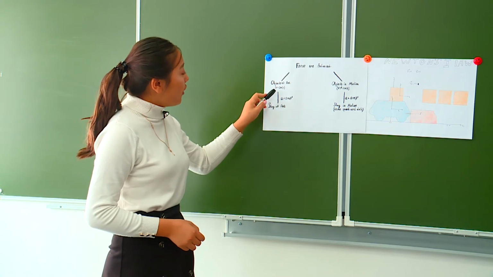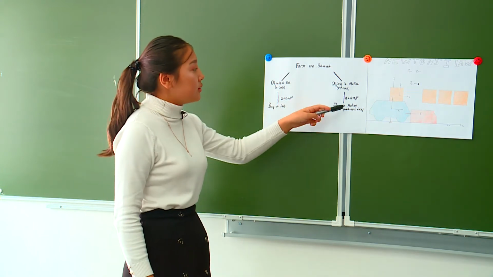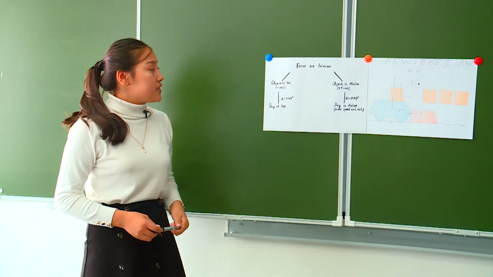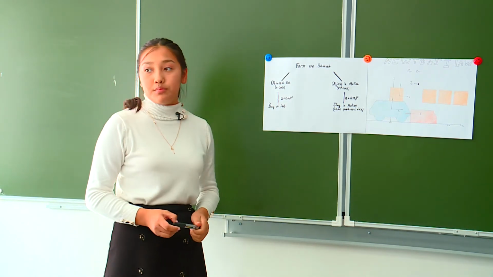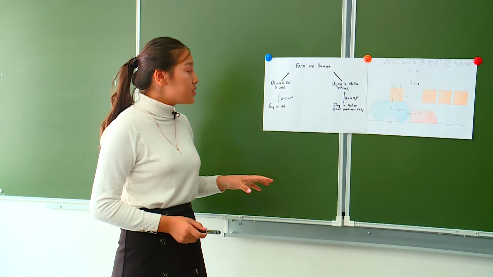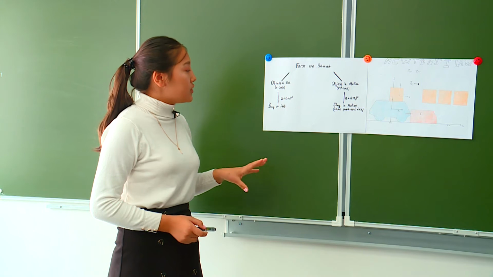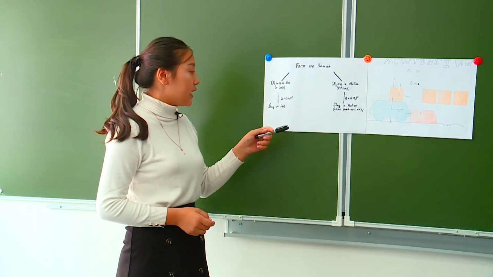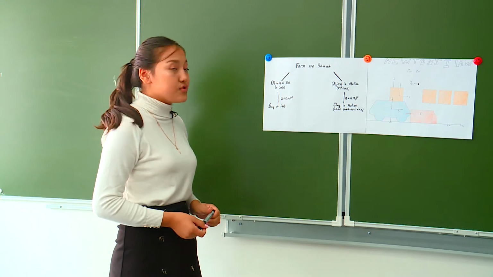First is objects at rest and objects in motion. And as you see, for objects at rest, their velocity is equal to 0 meters per second, and their acceleration is also equal to 0 meters per second squared, and they still stay at rest.